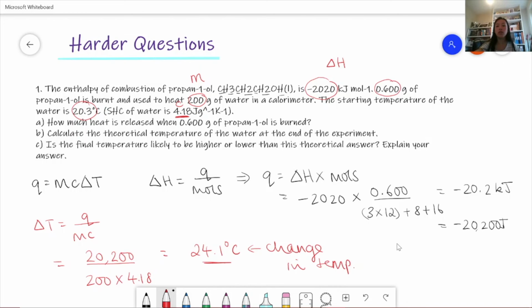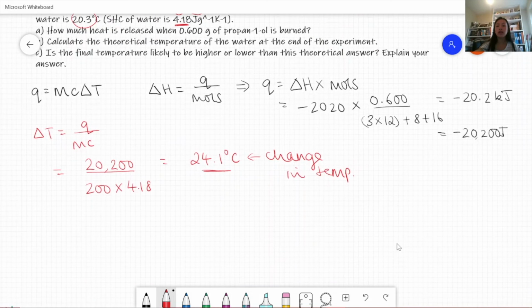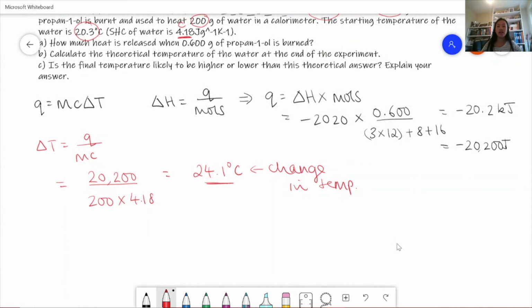And so in order to find the theoretical temperature of the water at the end of the experiment, we then add this value onto 20.3 because it's exothermic, so the temperature is increased.